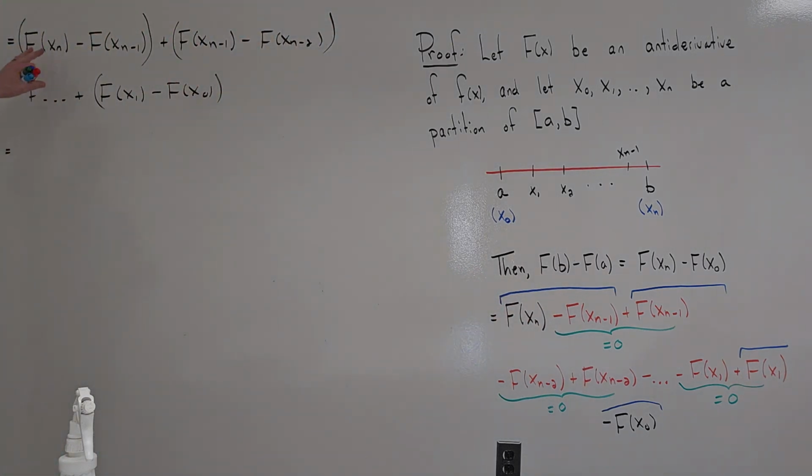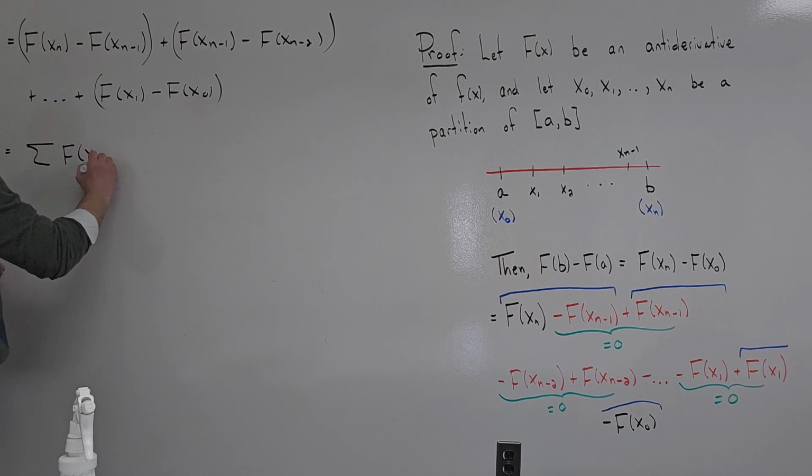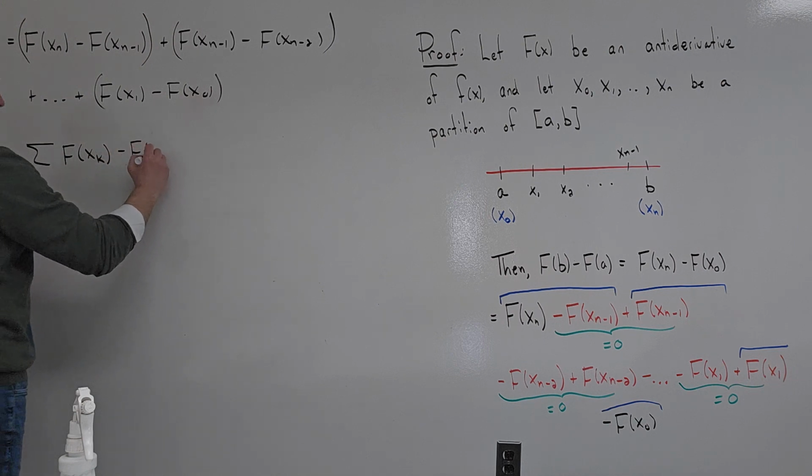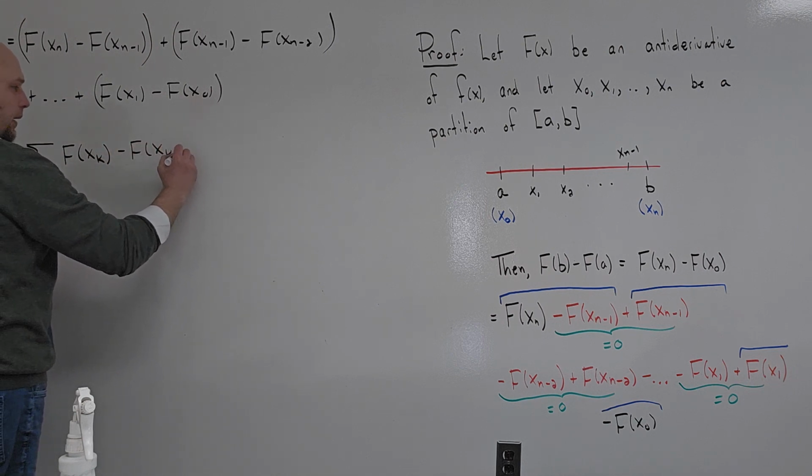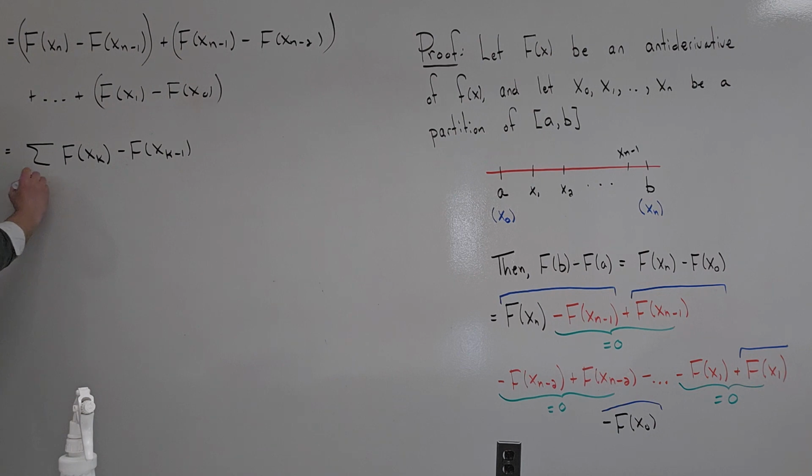Now I can turn this into summation notation. What is the pattern of each term here? This would be f of xk minus f of the previous term, xk minus 1, and k runs from 1 up to n.